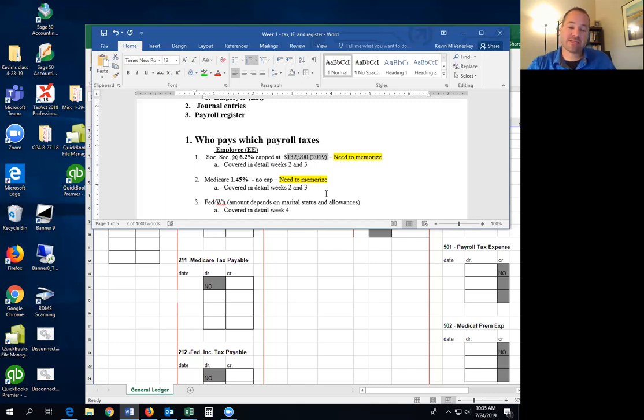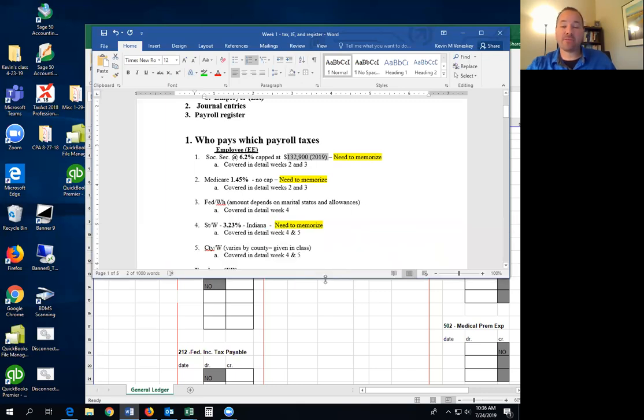We're going to get into this a lot more in week 4. So for now, when we do journal entries, I'll simply give you a percentage. I'll say 10% or 6% or 5% of the wages are taxed for federal until we get to week 4 and look at how to get it exactly right.